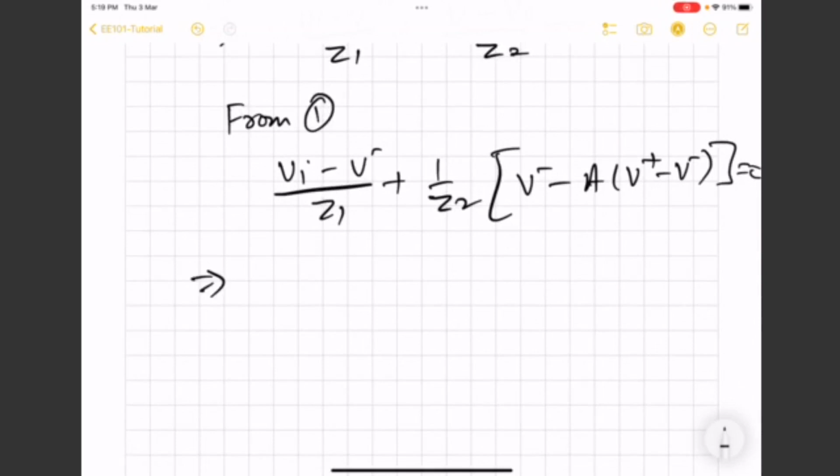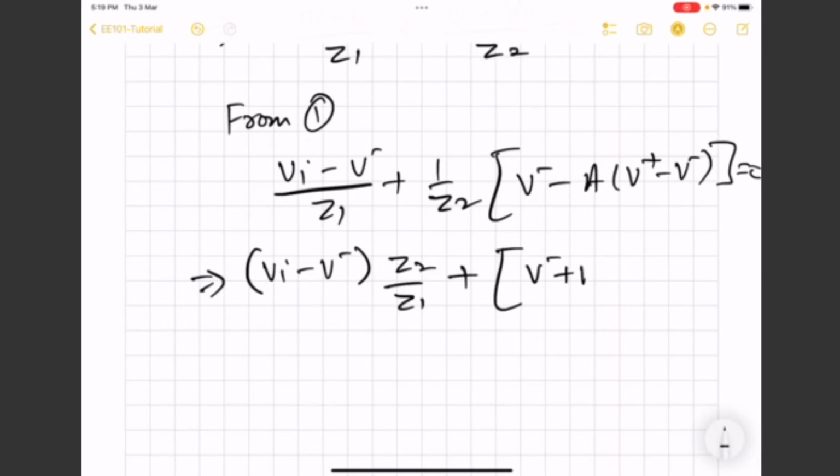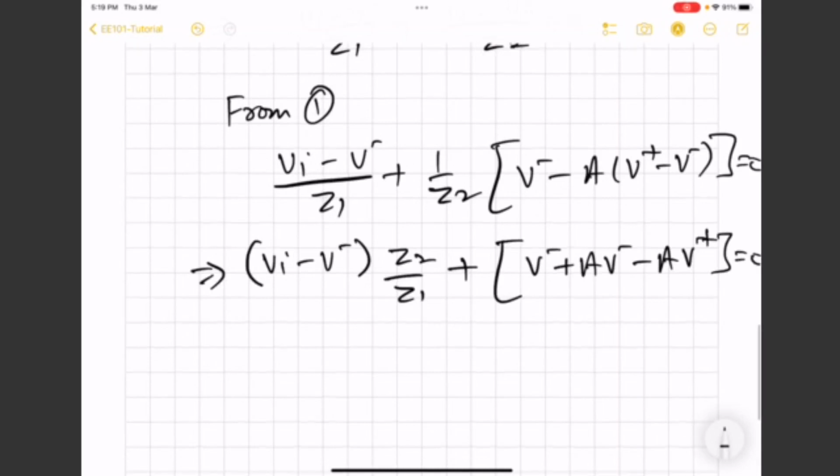So we will separate out the V plus and V minus. And before that, let us divide these impedances to get here Z2 by Z1 plus V minus plus AV minus minus AV plus is equal to 0.